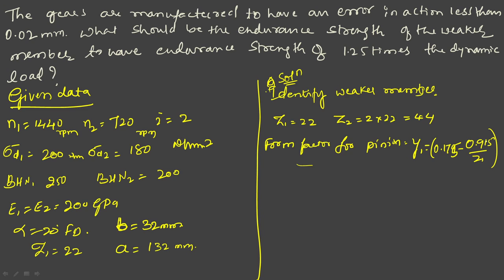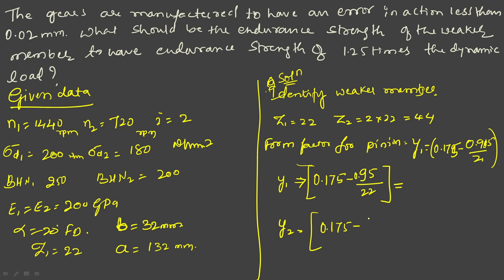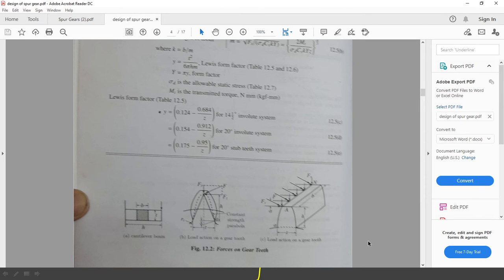Calculate y1 equal to 0.175 minus 0.95 divided by 22. For the gear, 0.175 minus 0.95 divided by 44. I think this should be 0.915. You check in any other handbook whether it is 0.95 or 0.915.